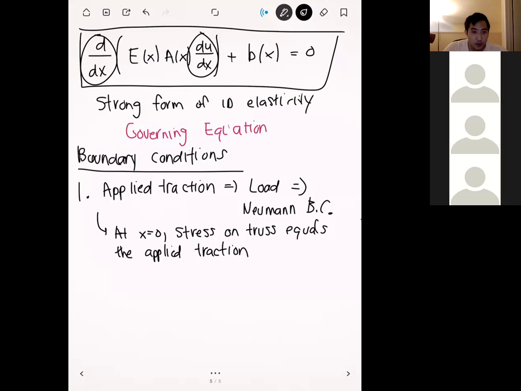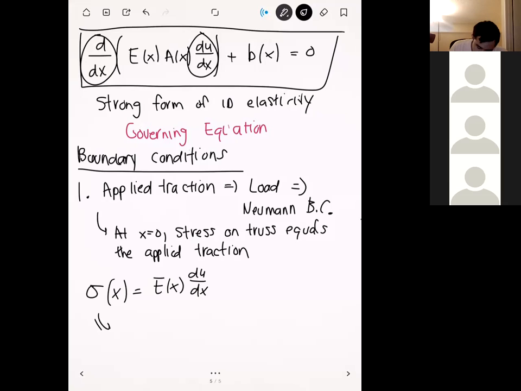And so if we look back on the previous page at our formula for stress, we know that sigma of x is equal to E of x du dx.